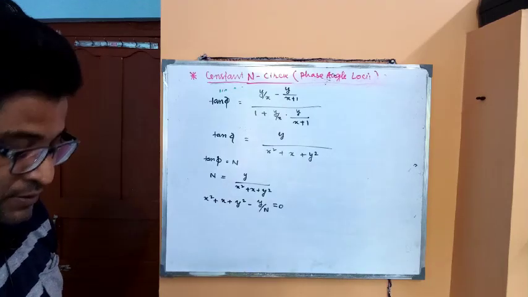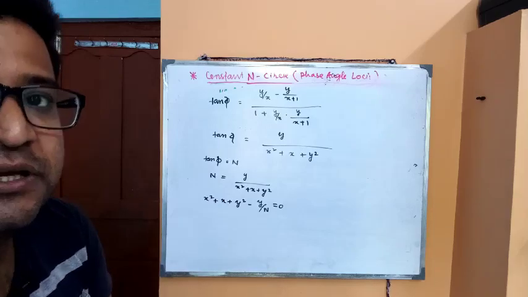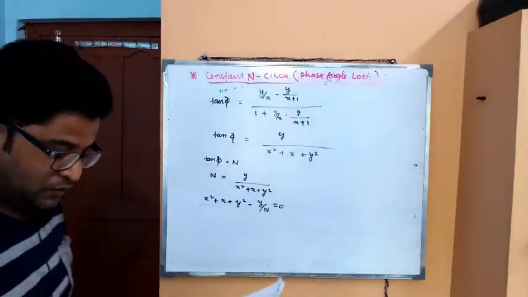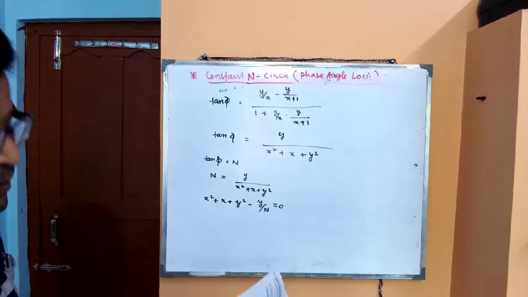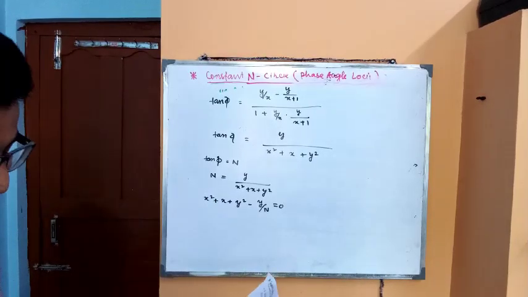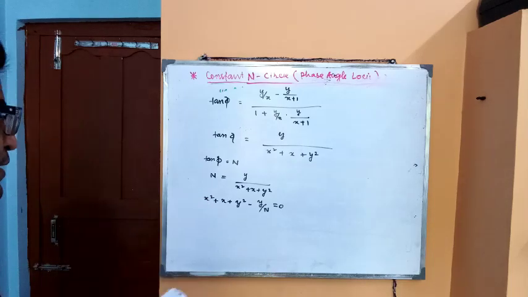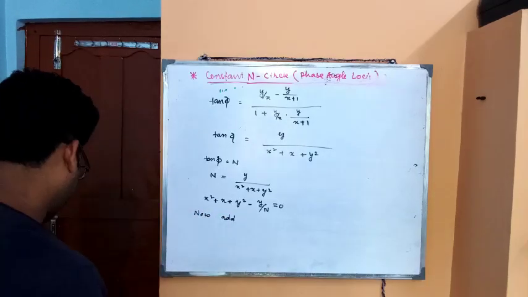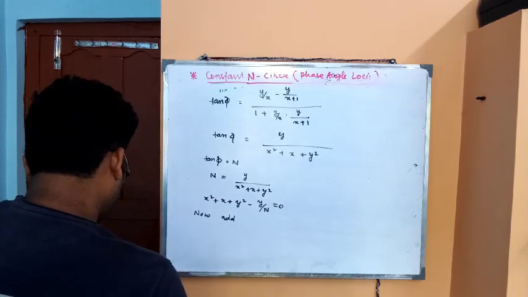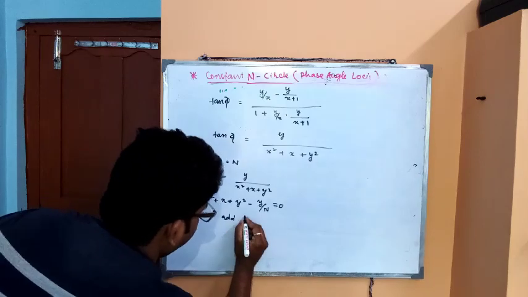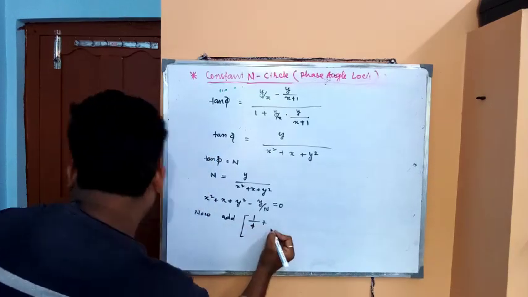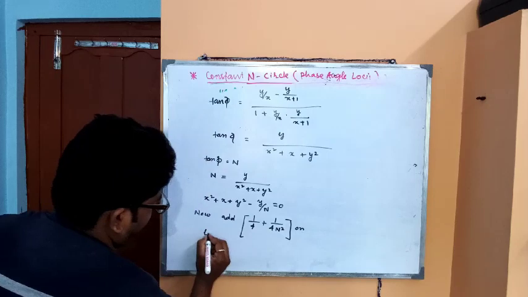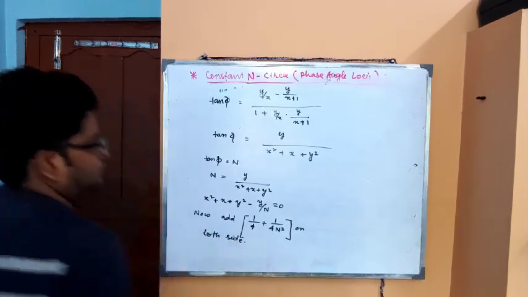Now to make this expression as the expression of a circle, what we need to do is add 1 by 4 plus 1 by 4N square on both sides of the above equation.